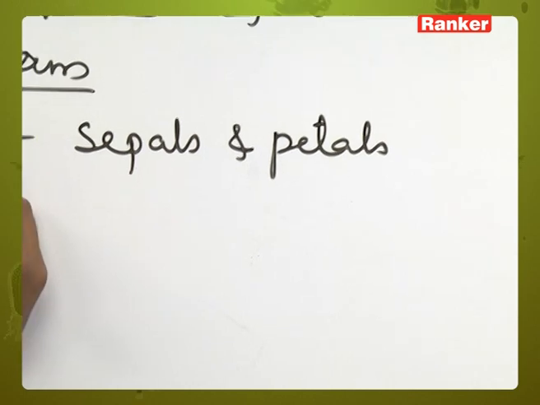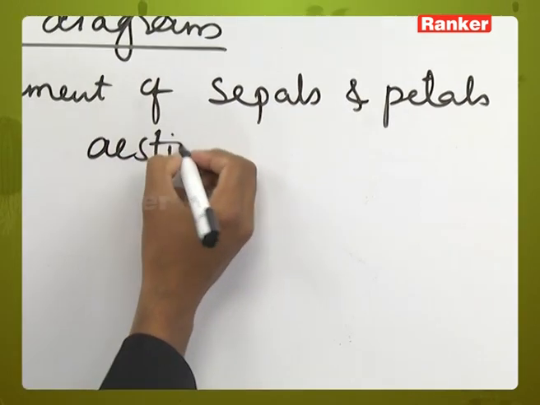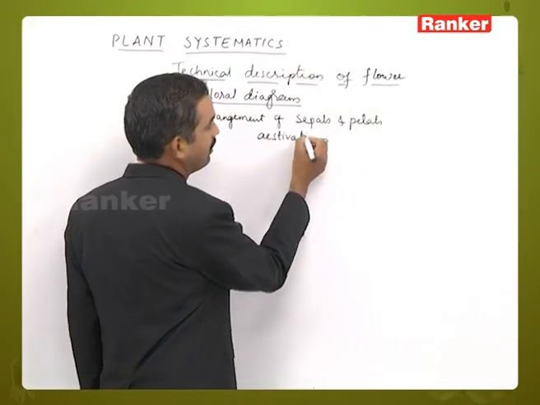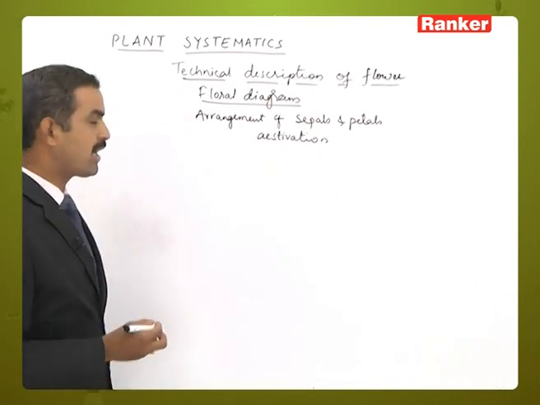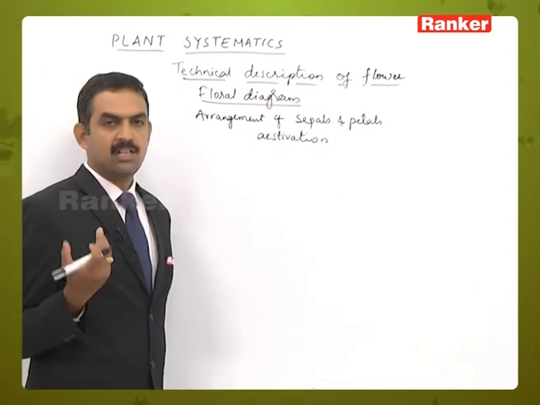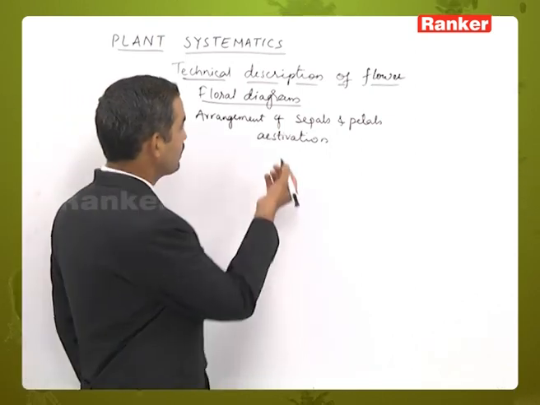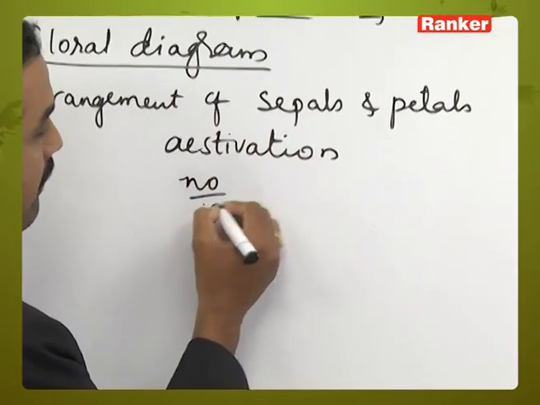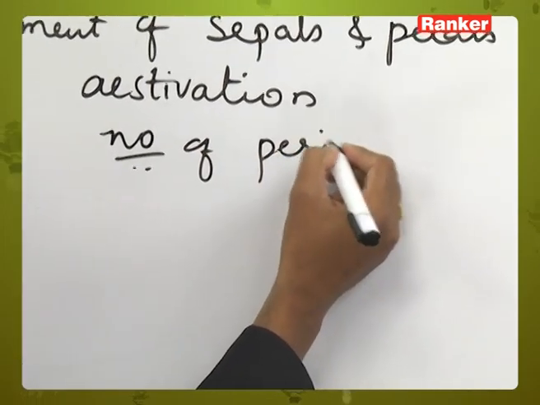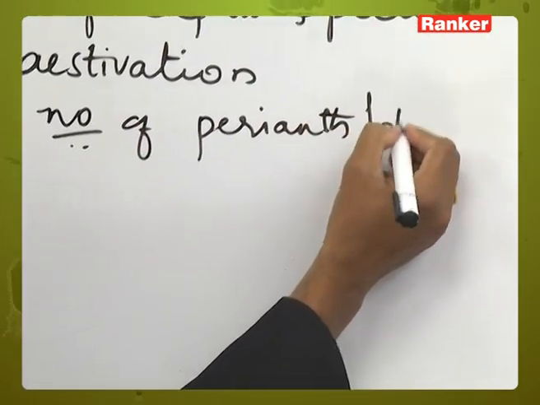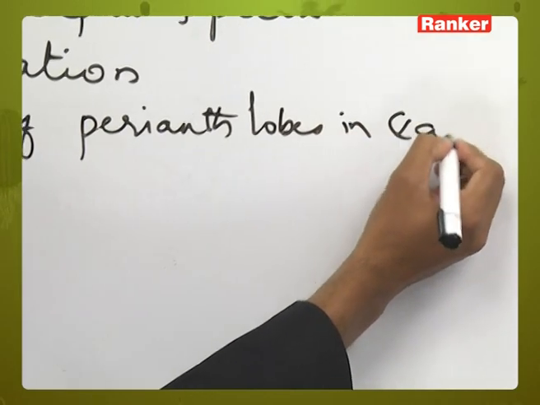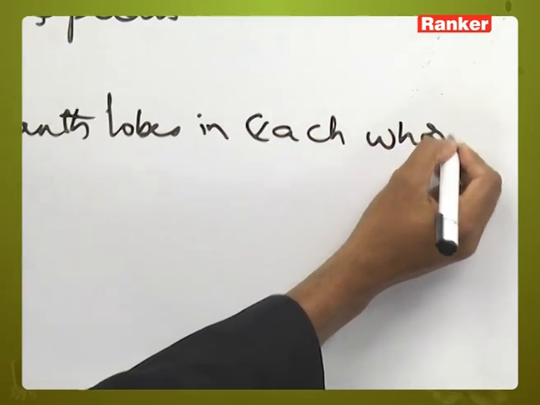The type of estivation exhibited by them can also be known by observing the floral diagram, and the overlapping nature, non-overlapping nature, all those characters can be seen. And of course, the number of perianth members in each whorl can also be known here.